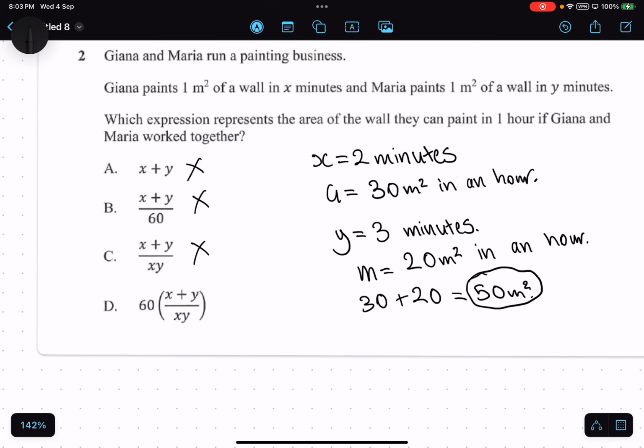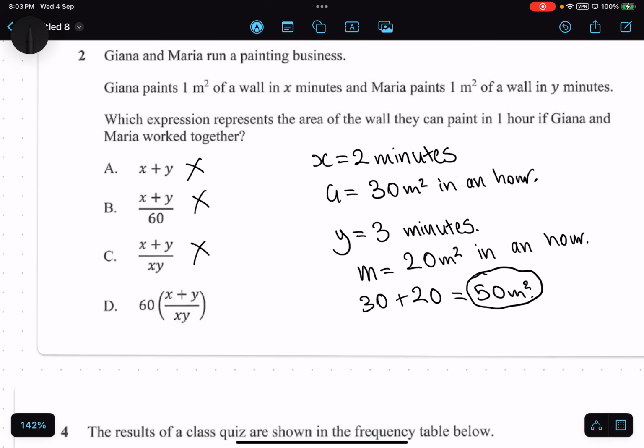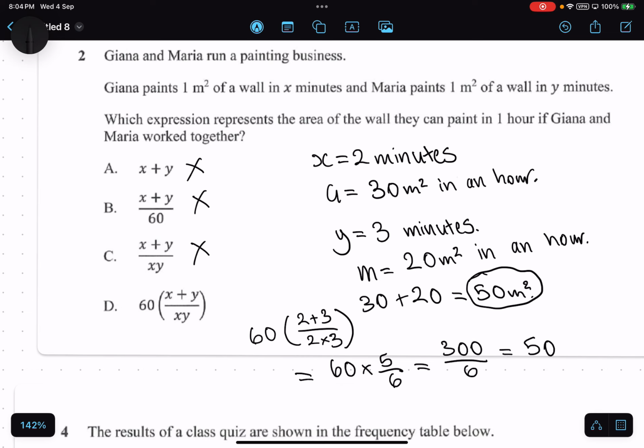So that leaves us with D. So D, 60 times 2 plus 3 over 2 times 3 equals 60 times 5 over 6 equals 300 over 6. And that will give you 50 meters squared. And that will give you D.